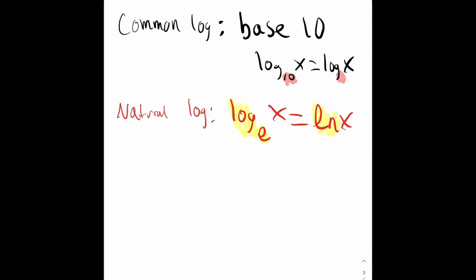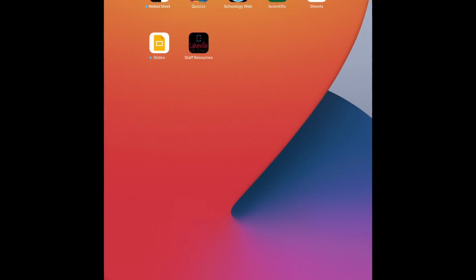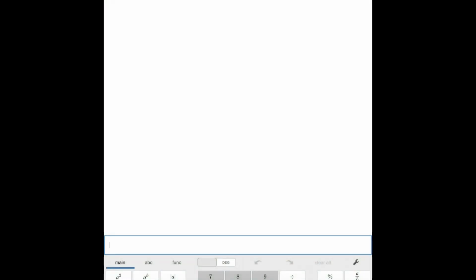So if I was looking at log of 8 or ln 0.3, I could use my calculator. Let's see here. One way to do it would be to say, all right, where's my functions? Here's log.